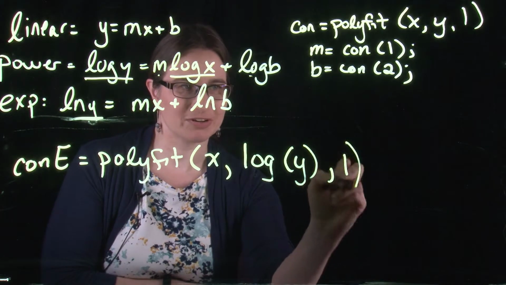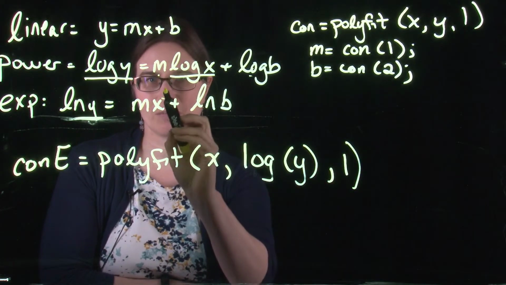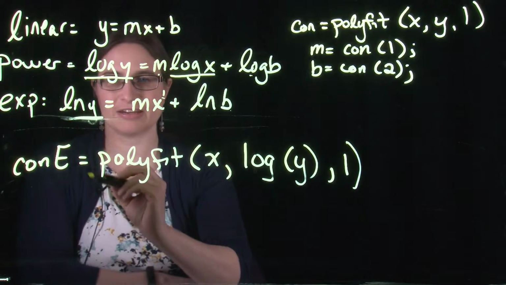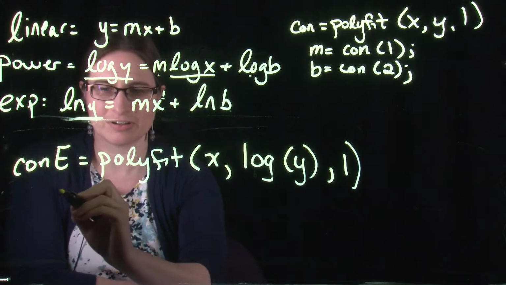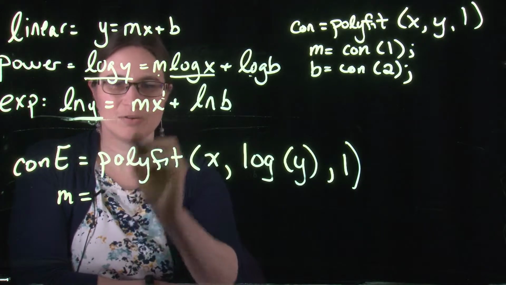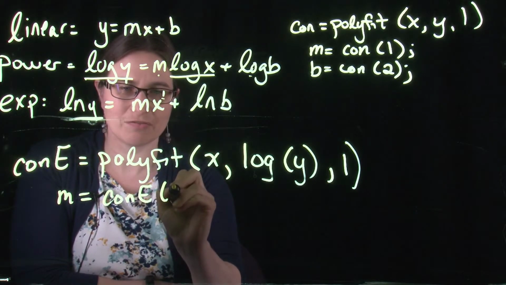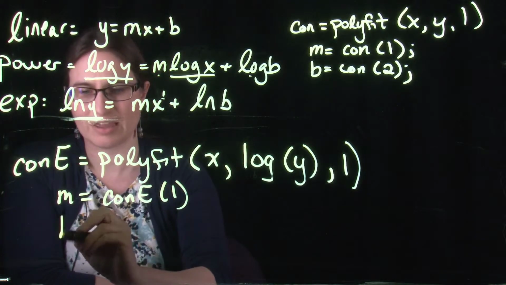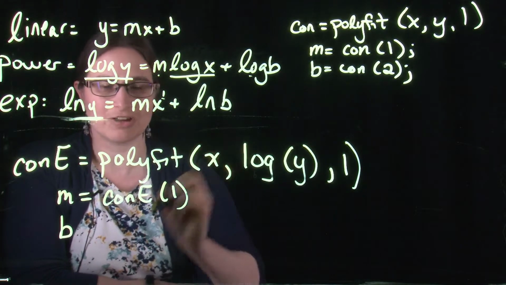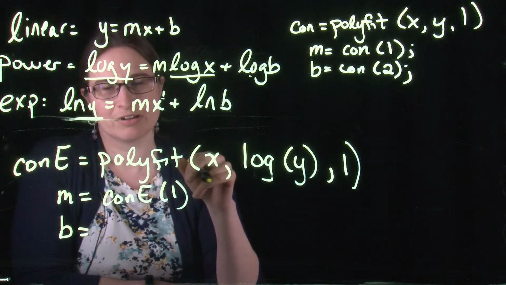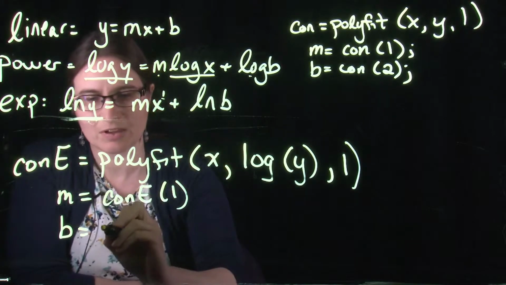And again, first order, because we have only a power of 1 here for this value. Okay, and again, now we have the first value in this case is going to be our value of m. Okay, and our b value, you see, is the natural log of b. So we're going to have to do e to that power, okay, to cancel that out.